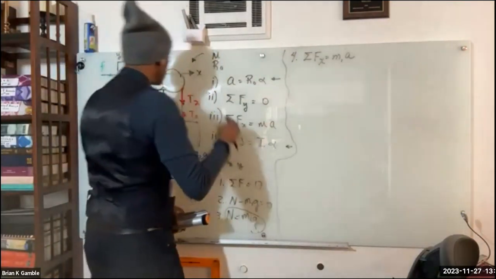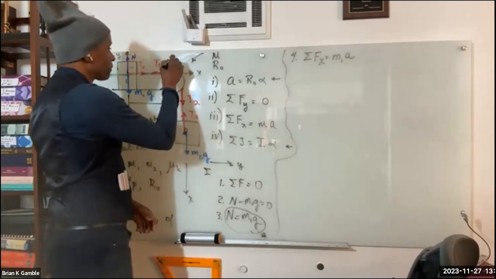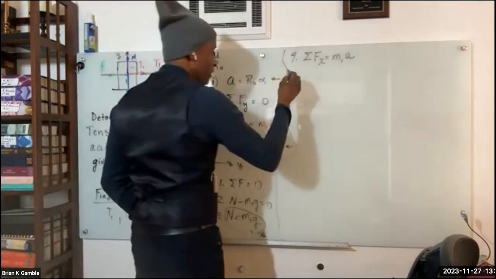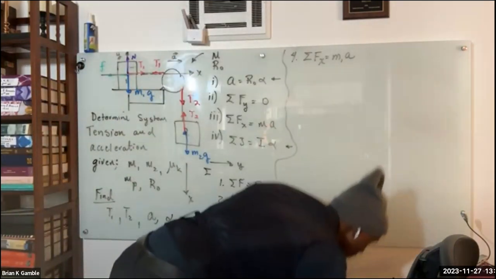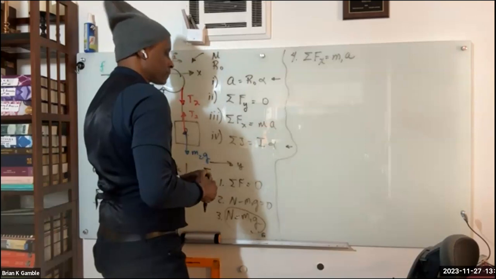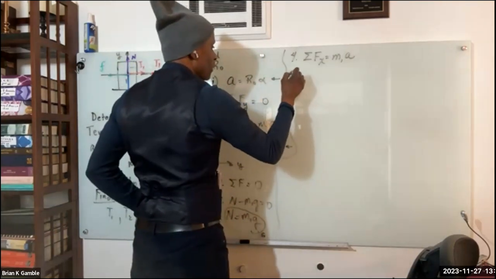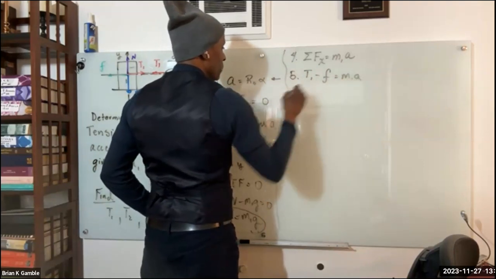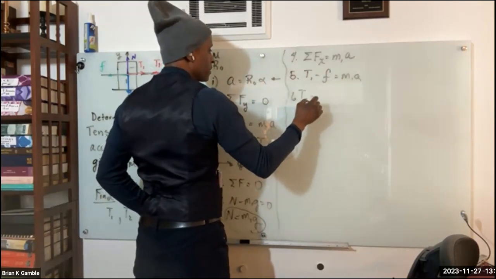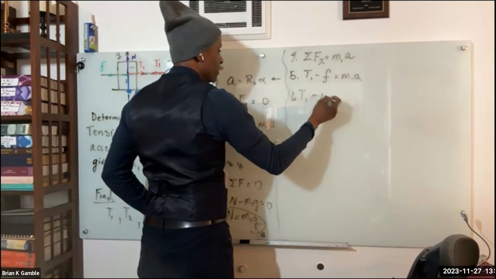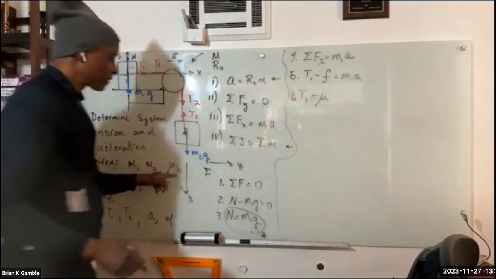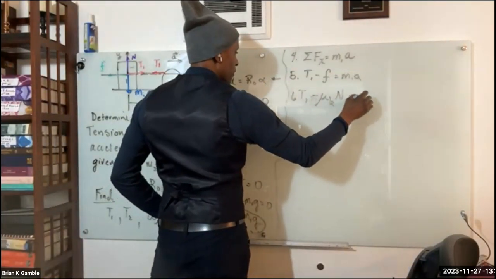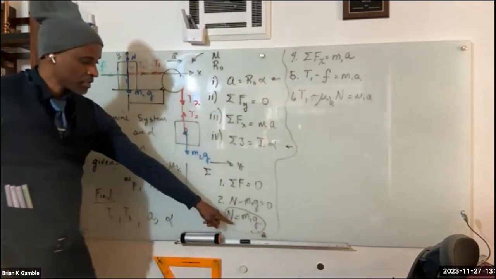Tension T1 is greater because the acceleration is to the right, so that means that T1 obviously has to be greater than F. So T1 minus F equals m1a, but F is equal to mu_k times N, but N we just determined was m1g.